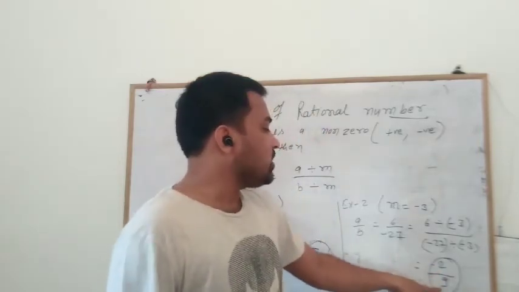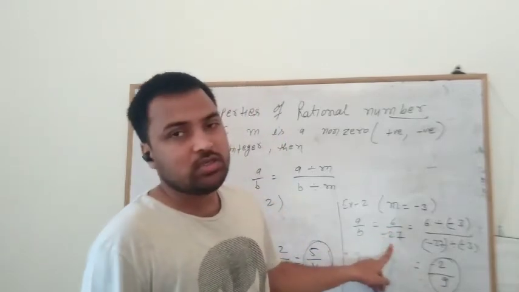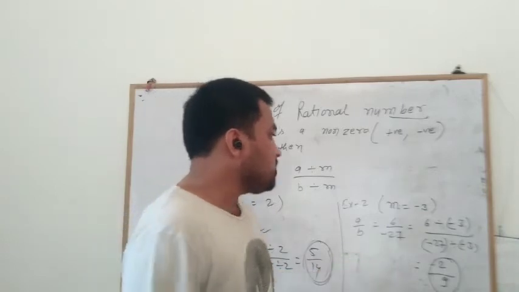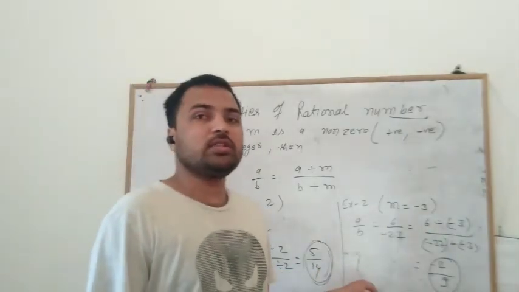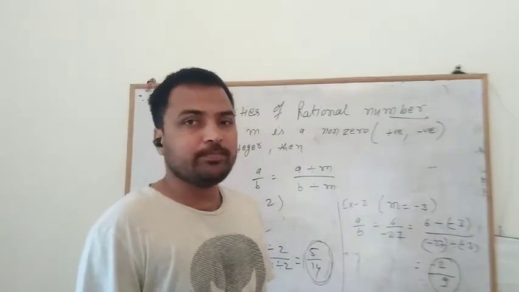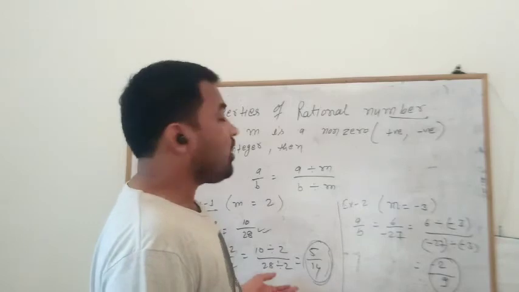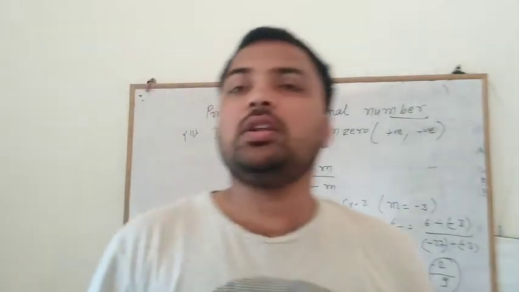So here the minus 2 by 9 is a standard form of 6 by minus 27. Okay, so these two properties will help you to find the standard form of rational numbers. Next we will learn how to represent a rational number on a number line.